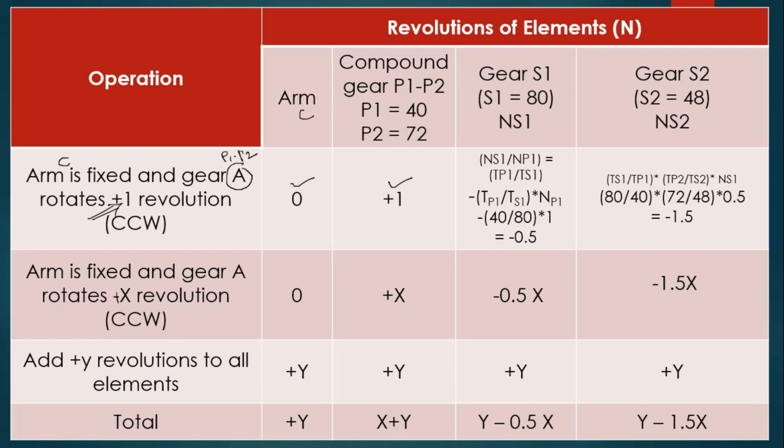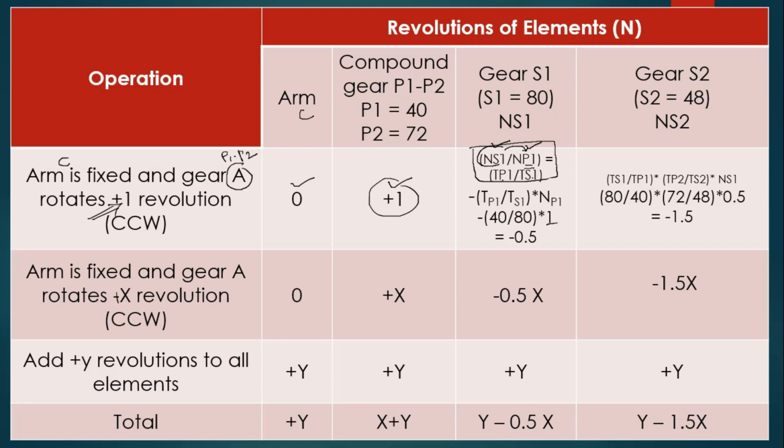We know that the speed of S1 divided by the speed of P1, because S1 is meshed with P1, is equal to TP1 divided by TS1. This is the general equation. From this we want the speed NS1. So NS1 is equal to minus TP1 divided by TS1 into NP1. What is the value of NP1? Here +1.